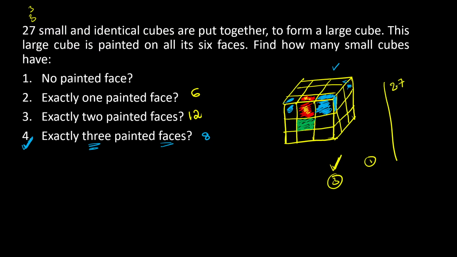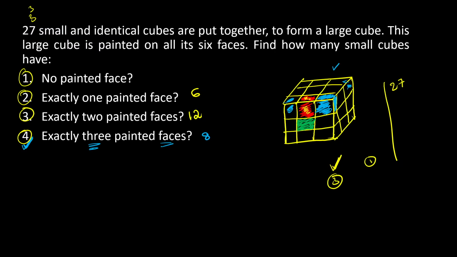Total number of cubes given 27. Among these 27, if you pick any cube at random, that cube can be painted on 3 faces, that being one of the possibilities. It can be painted on exactly 2 faces, it can be painted on exactly 1 face, or it cannot be painted. So these are the only 4 possibilities which exist.